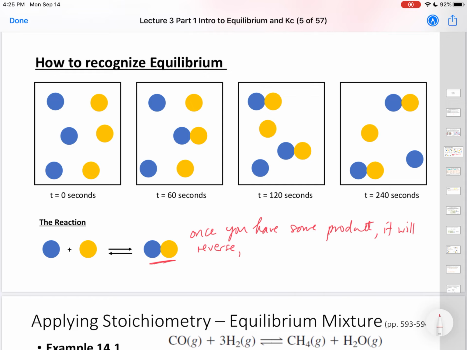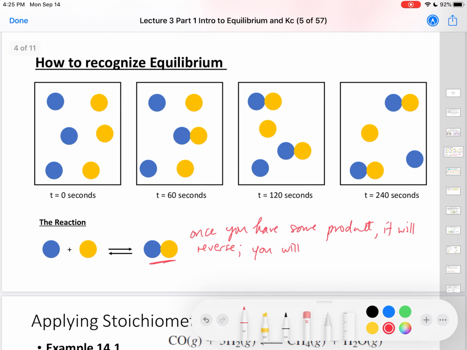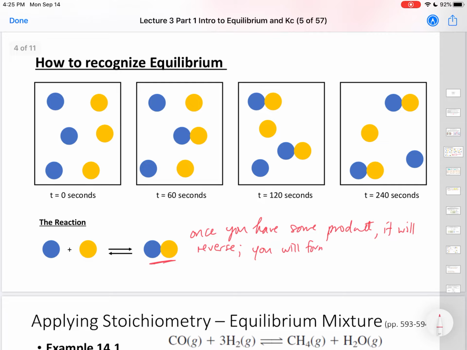So once you have some product, slowly over time, you will form reactants due to the reverse reaction.